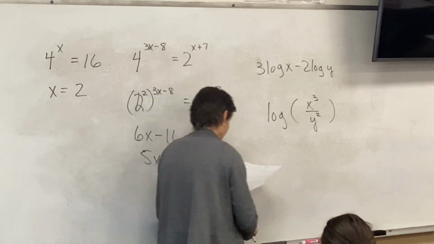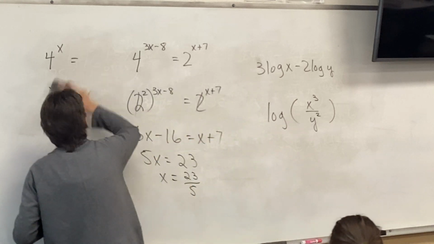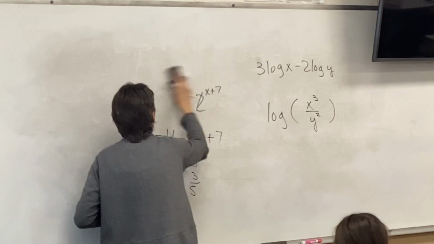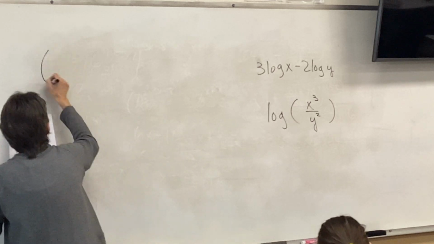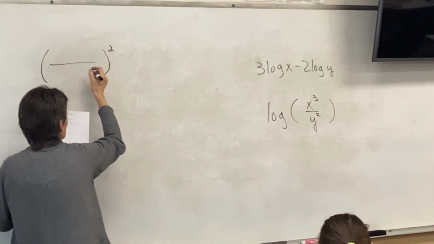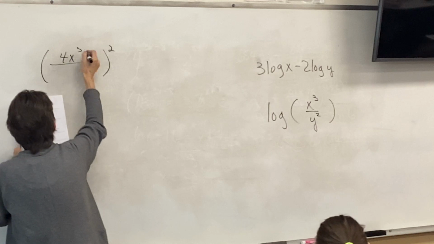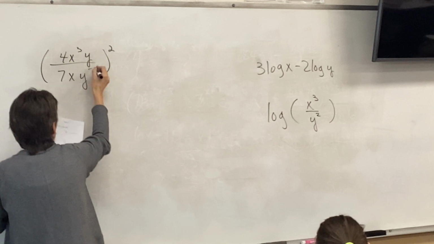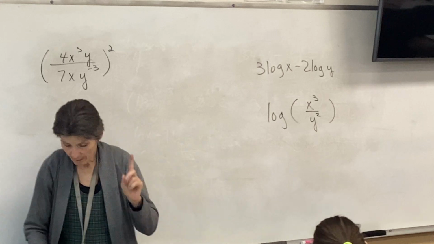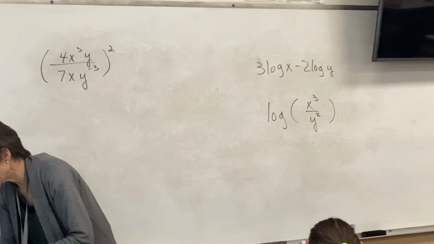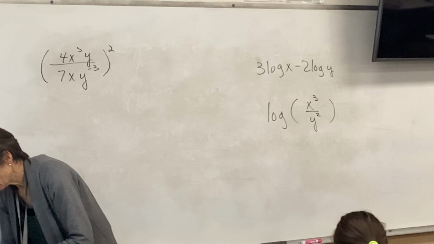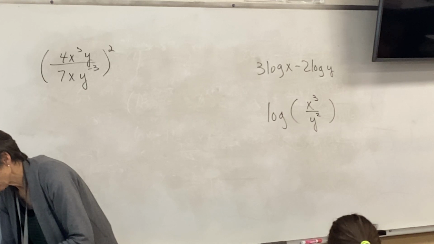All right, number 4. Take a minute, get a plan. This one, we can have several plans. Not everybody's plan has to be the same. So we'll go with whoever volunteers.